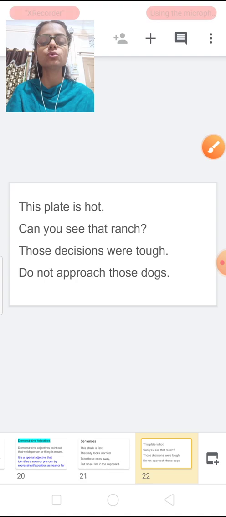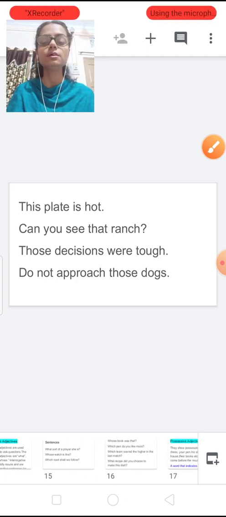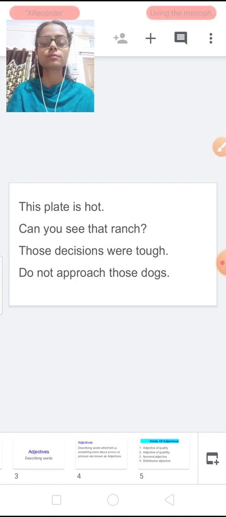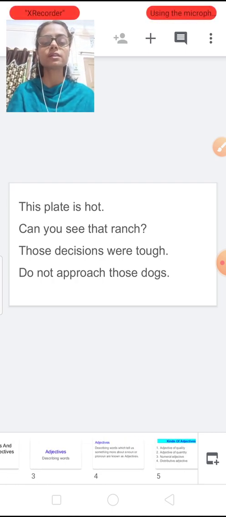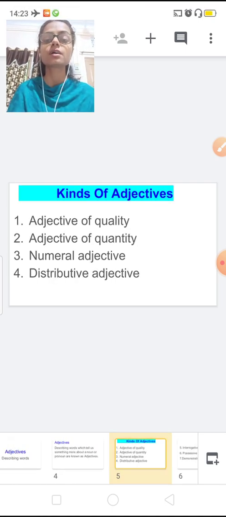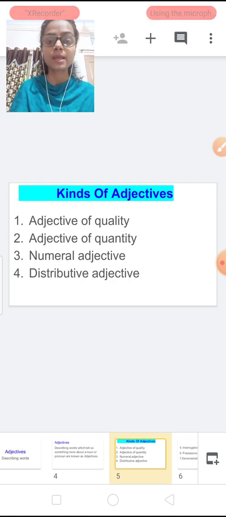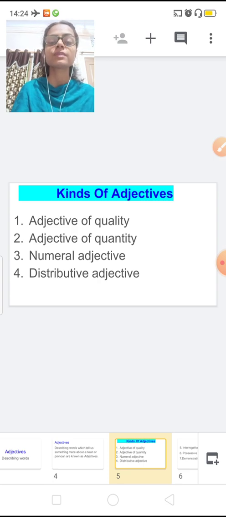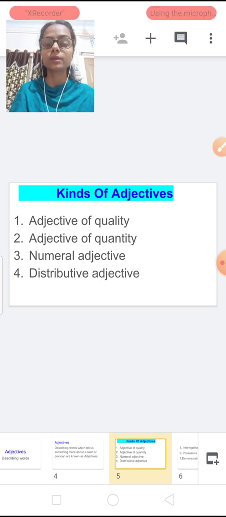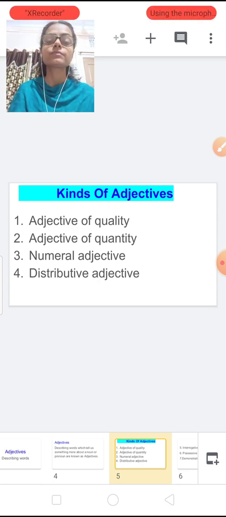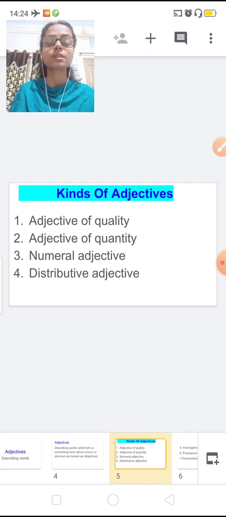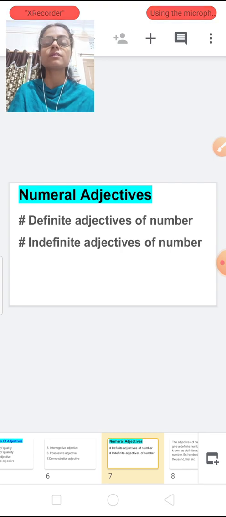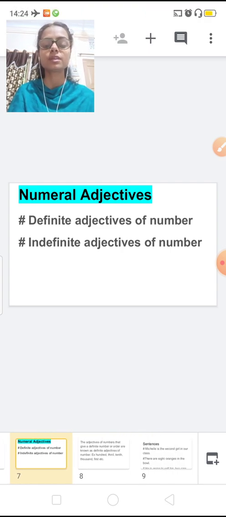Now let's do a small recall. As I told you, we have studied 7 kinds of adjectives. Two we had already covered in our last session. Adjective of quality. Quality means size, color, shape, state. Adjective of quantity. Quantity means the specific number. Then today we have studied numeral adjectives, definite and indefinite.